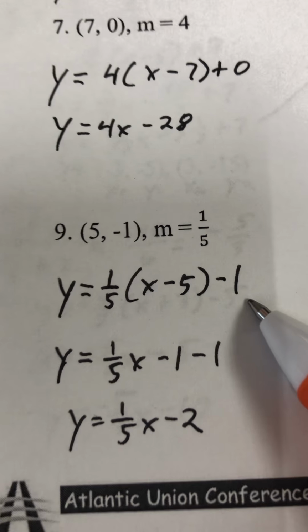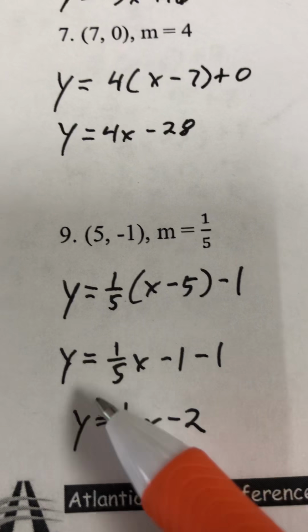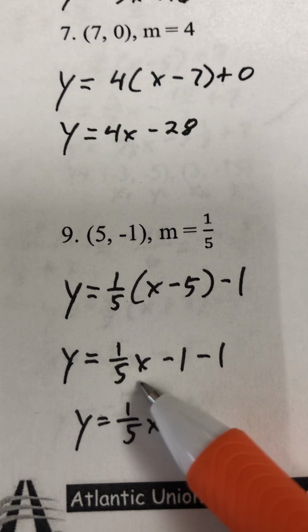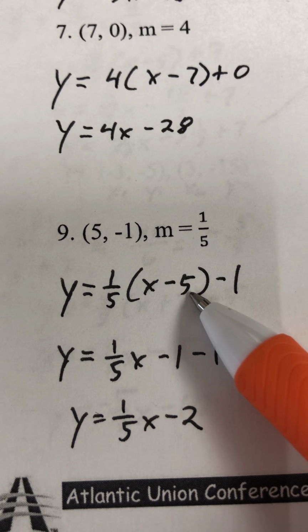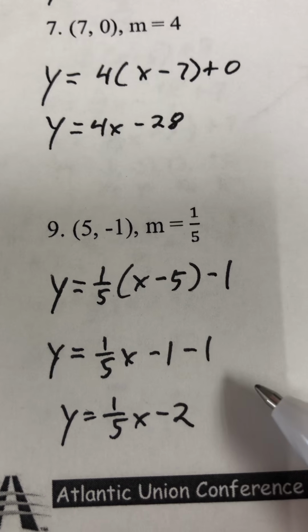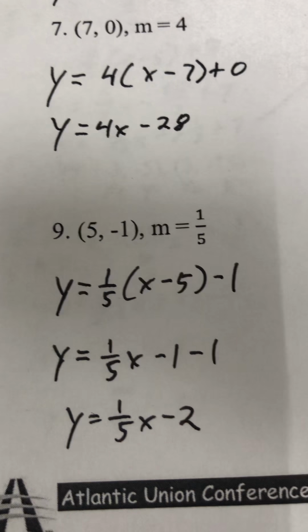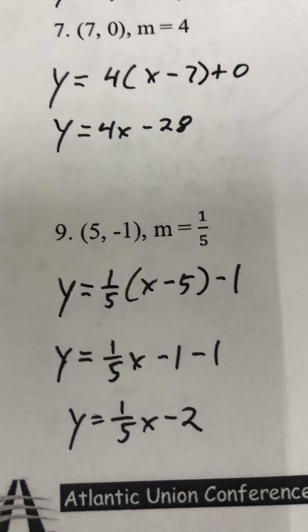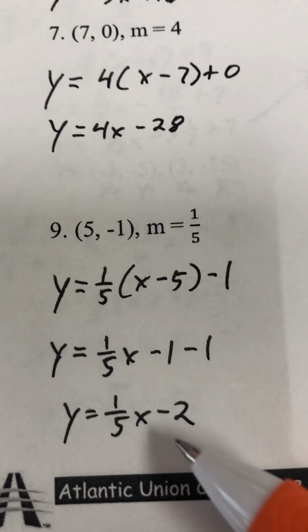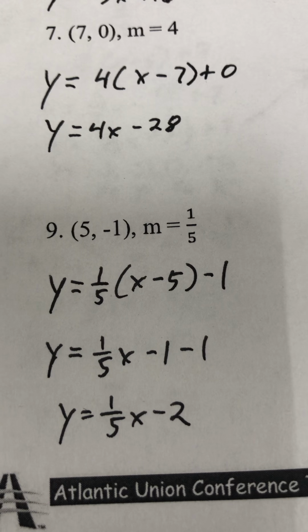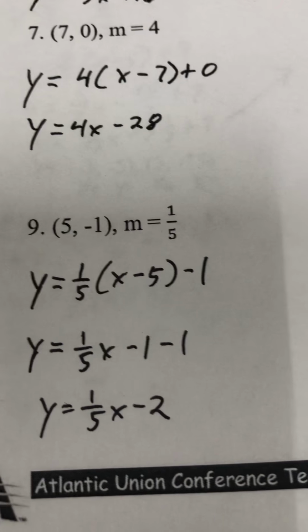Plus a negative is just minus, so minus 1. 1/5 of x is 1/5 x. 1/5 of negative 5 is a negative 1. If you weren't sure, you could just do 1/5 times negative 5 on your calculator, and you will get negative 1. Combine my like terms, I get negative 2. y equals 1/5 x minus 2.